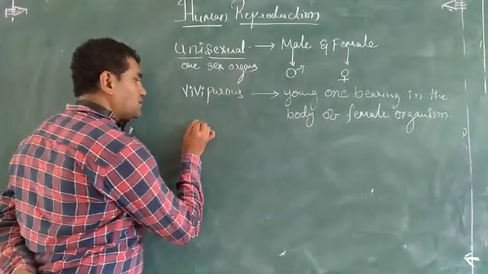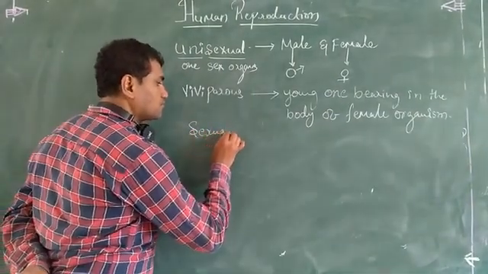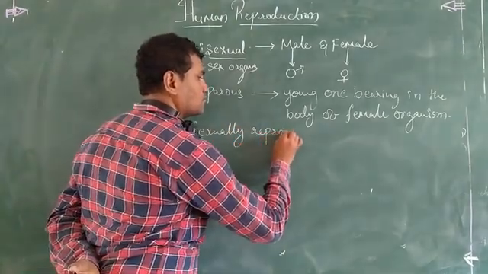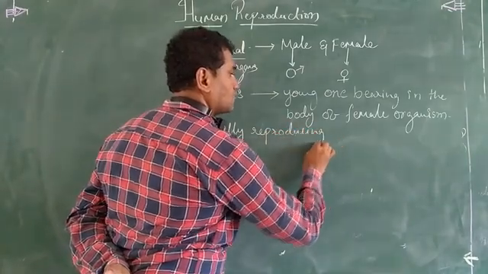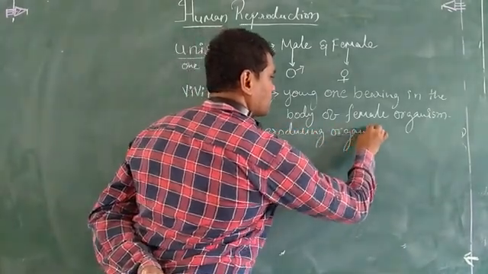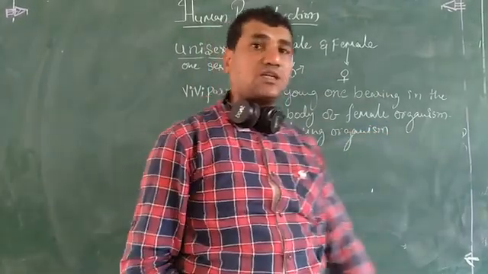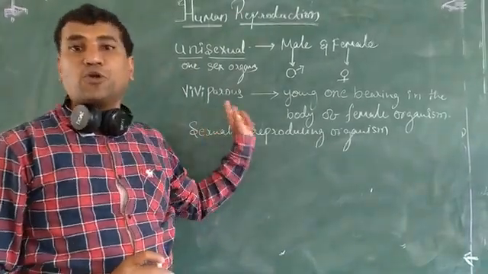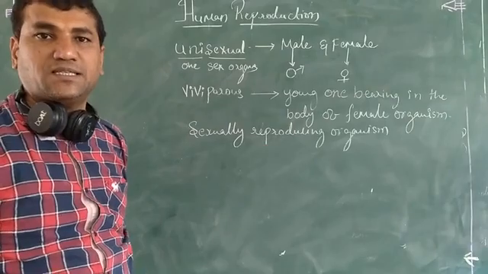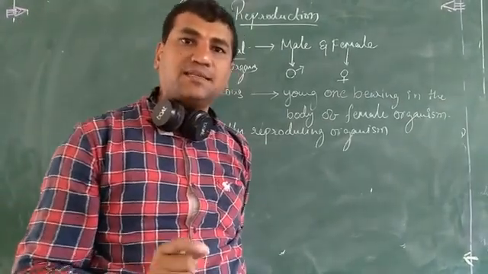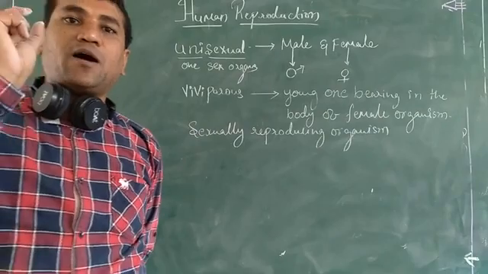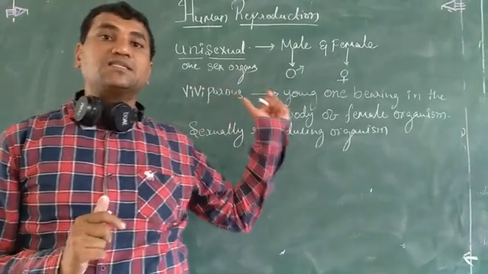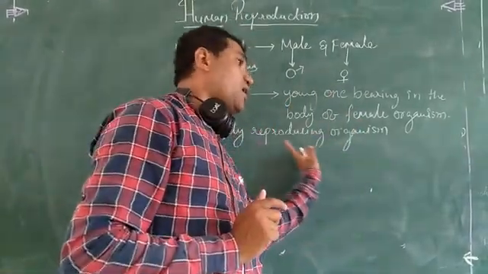And we are sexually reproducing organisms. That means we are produced by gamete formation. When the formation of gametes takes place in an organism, that organism is called a sexually reproducing organism.